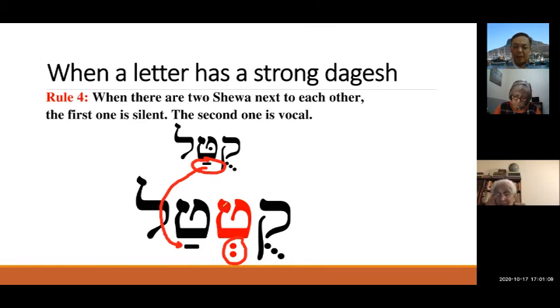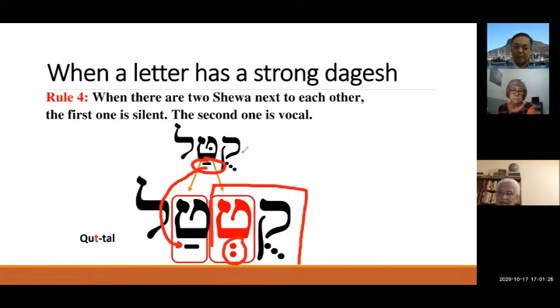This is kutao, because the first schwa is silent, and it is actually part of the first syllable here, this one here. Part of this syllable. The second one is a second syllable here. So it's kutao, kutao.